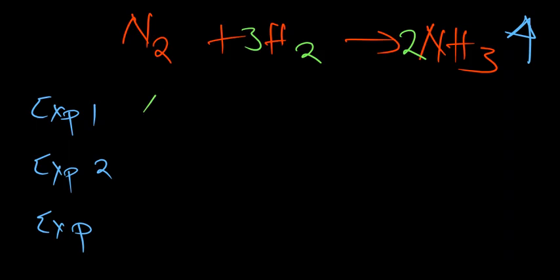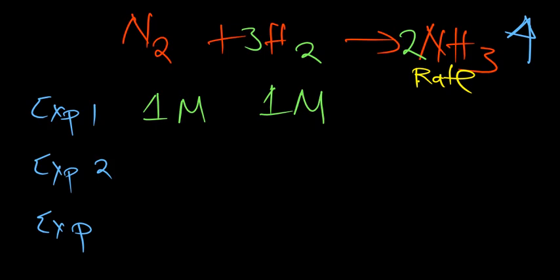Let's assume for the first experiment they tried using 1 molar concentration of the reactants, and in fact they only give the reactants, they don't give the products, and then they'll put the last column for the rate, they'll call it the rate.